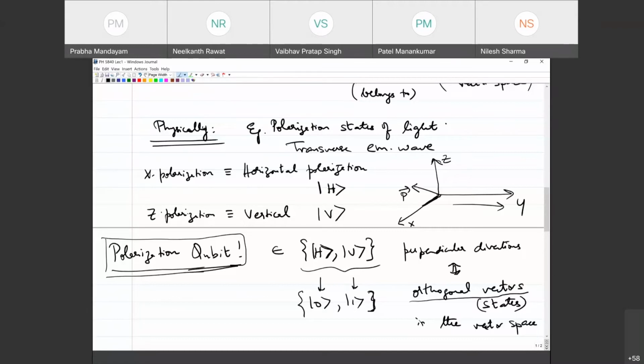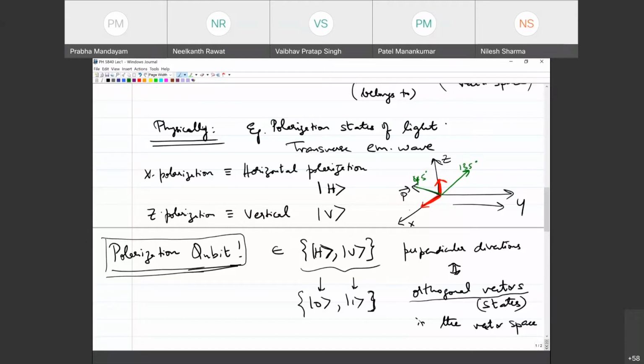So let me try to use some other color maybe. So I have these two, which I have made as my basic 0 and 1. But now I can construct, for example, these kind of polarizations, right? I can make, let's say, 45 and 135-degree polarized, right? These are also often called cross polarizations, or you can think of left and right circularly polarized, which are all linear combinations of the X and Z, right?